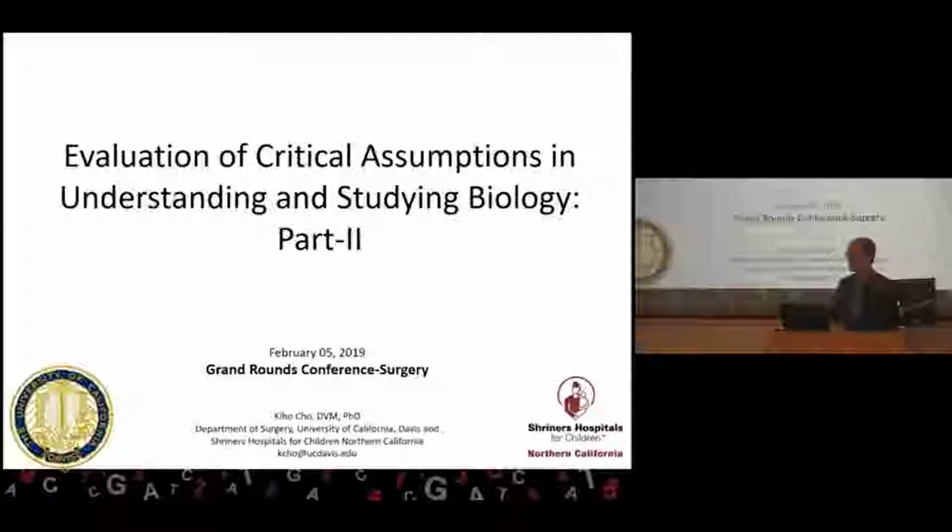We scrutinize our hypothesis, whether the quality is good or whether we can test that hypothesis. But we do not scrutinize whether the assumptions, which are the foundations of those hypotheses, are usable or whether the quality of those assumptions is well controlled. We do not scrutinize them that often.